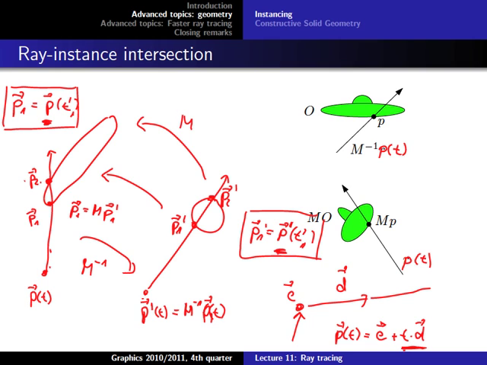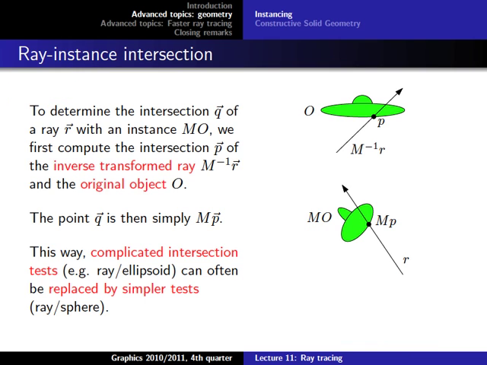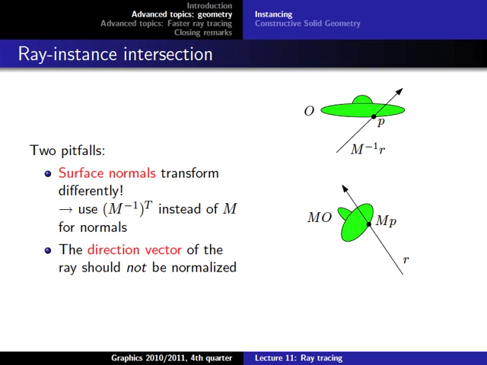Exactly. We cannot use the same matrix. We have to use a different one, because the transformation of normal vectors does not behave in the same way as the transformation of the objects. So if we calculate, for example, here, that's an ellipse, let's say we have the circle here, and we calculate the normal vector on it, because it's easier to calculate the normal vector on a circle than on a rotated ellipse.